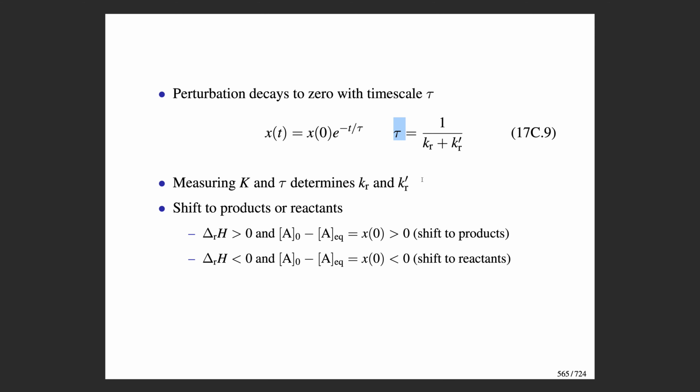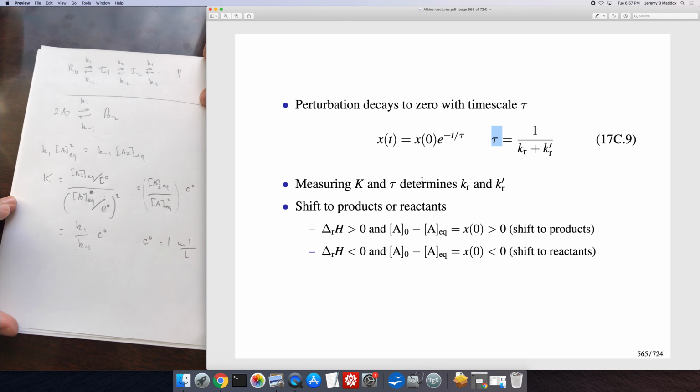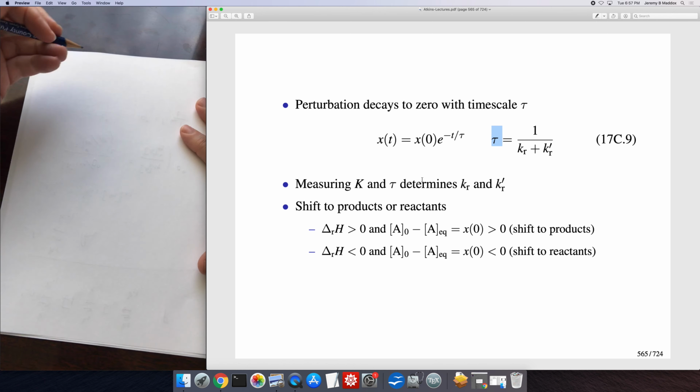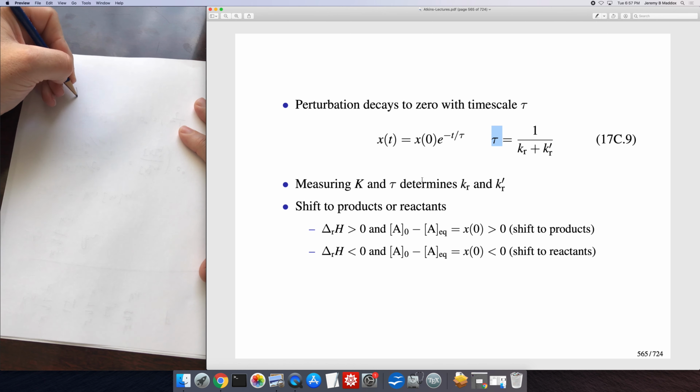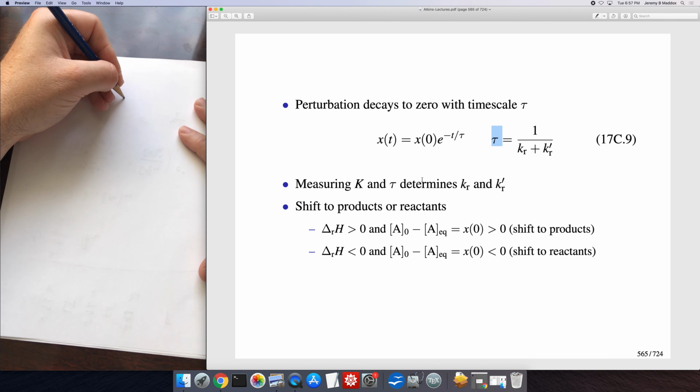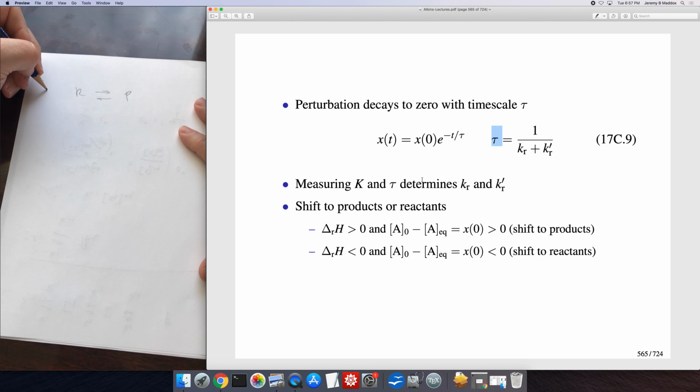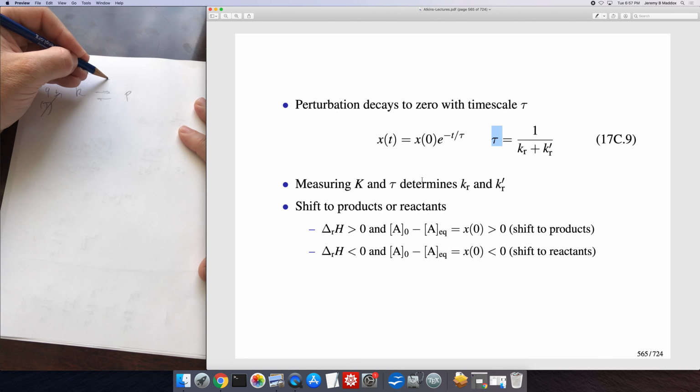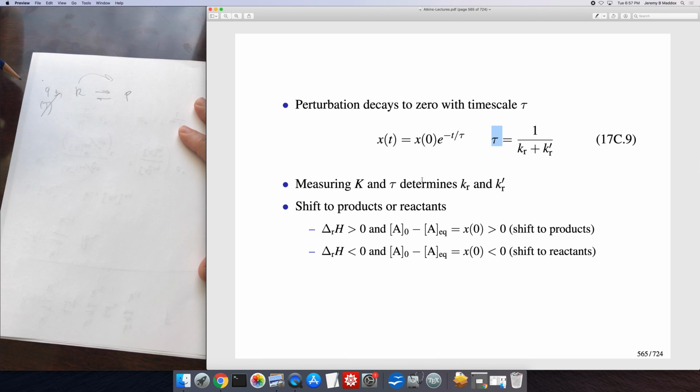And the results, like whether you shift to the reactants or the products by doing the T-jump method, depends upon the enthalpy of the reaction. We looked at this previously when we discussed Le Chatelier's principle. If you've got an endothermic reaction, so you've got your heat term over there, and you jump the temperature, it's going to shift the reaction to the products to get to the new equilibrium.